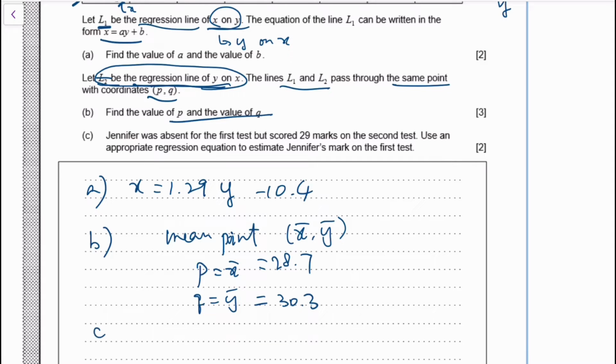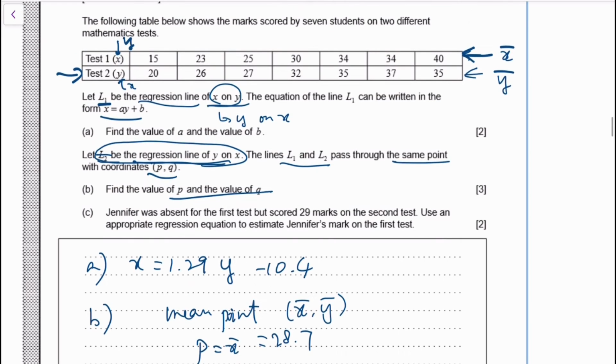Okay, then with C, Jennifer is absent for the first test, but scored 29 for the second test. Which regression should we use to estimate the mark? So we're using the second test to estimate the first test. Therefore, the second test is our independent variable, which means the second test should be our x.